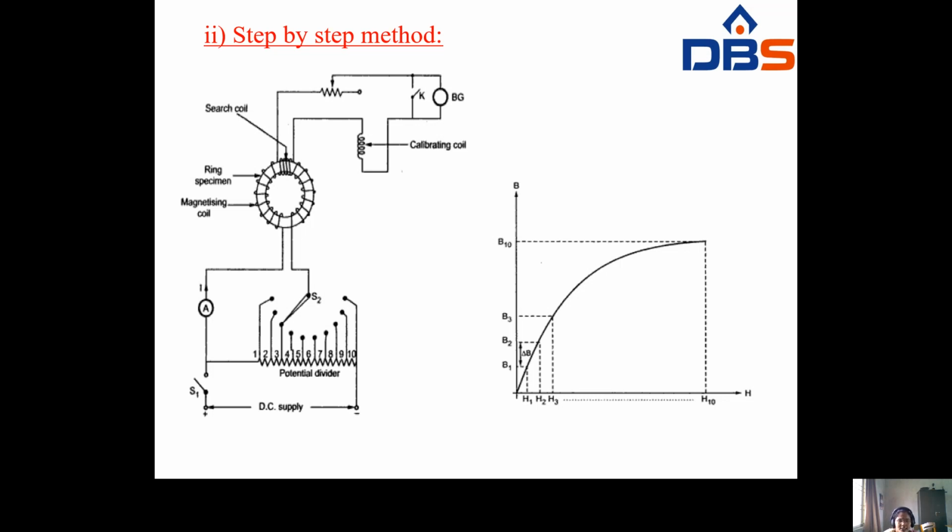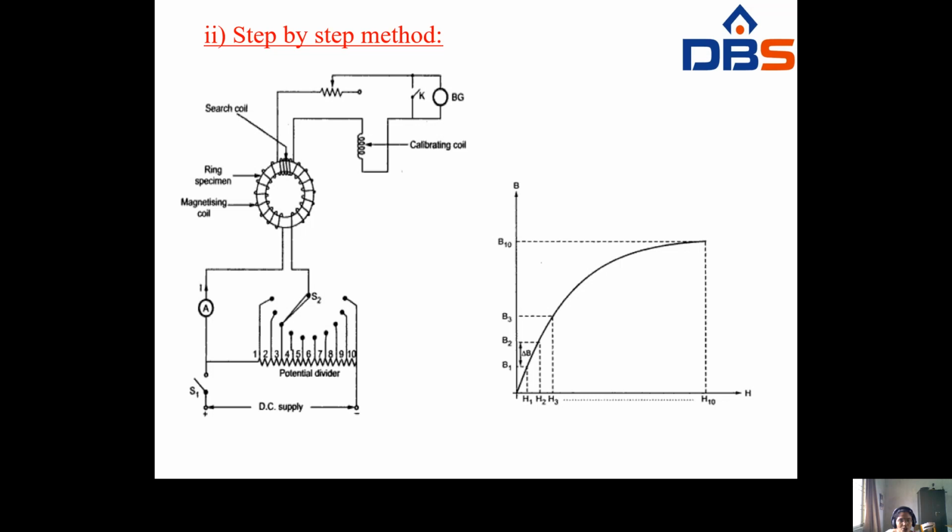See here, the construction up to the above part is the same as the method of reversals, but only below the ring specimen some construction changes. Here this is a ring specimen, this is a magnetizing coil, this is a search coil, and this is a calibrating coil.